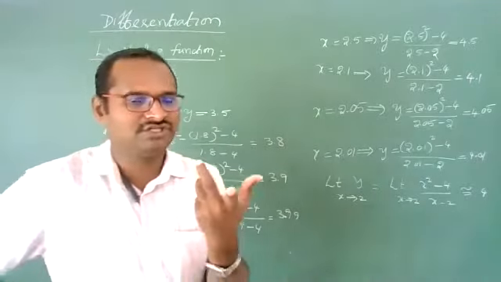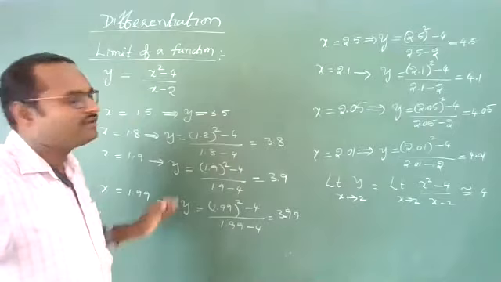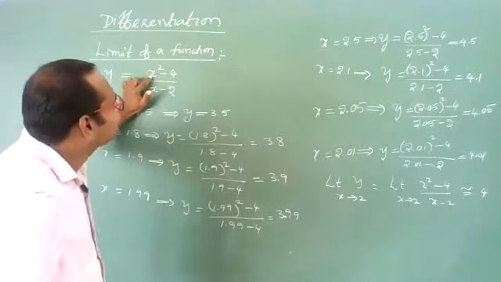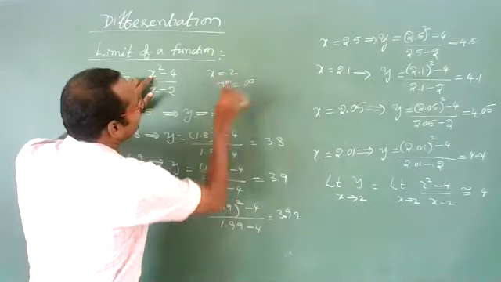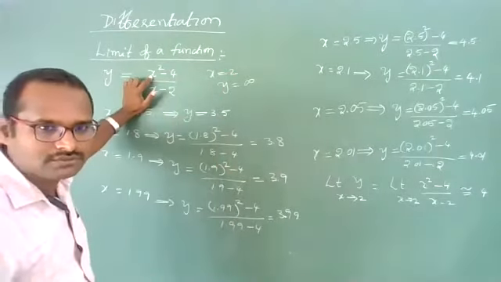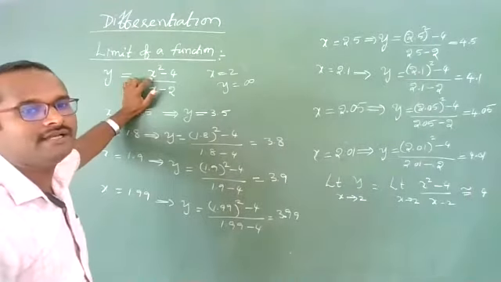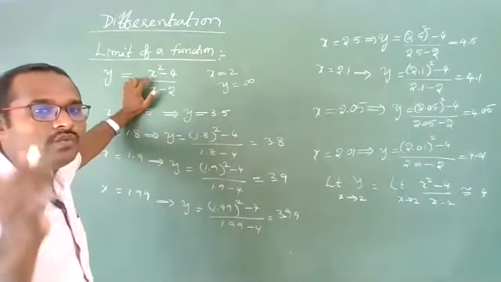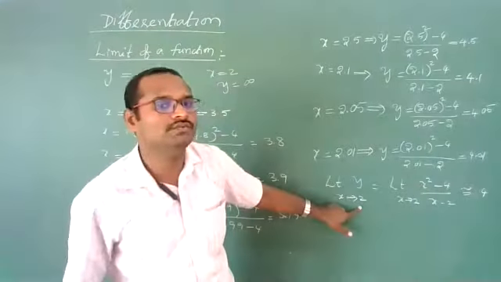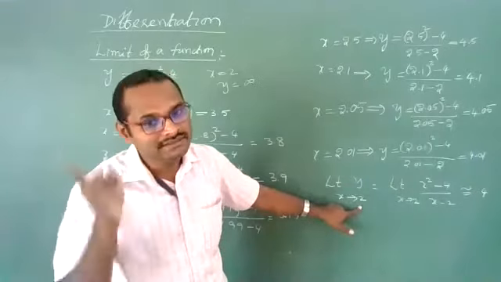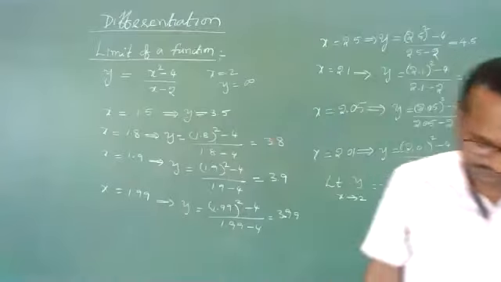But if you take some functions in this format, then for one particular value of x, that is x is equal to 2, y has an indeterminate value. Means this has one particular limiting value, when x tends to 2 but not equal to 2. At that time y value is 4.